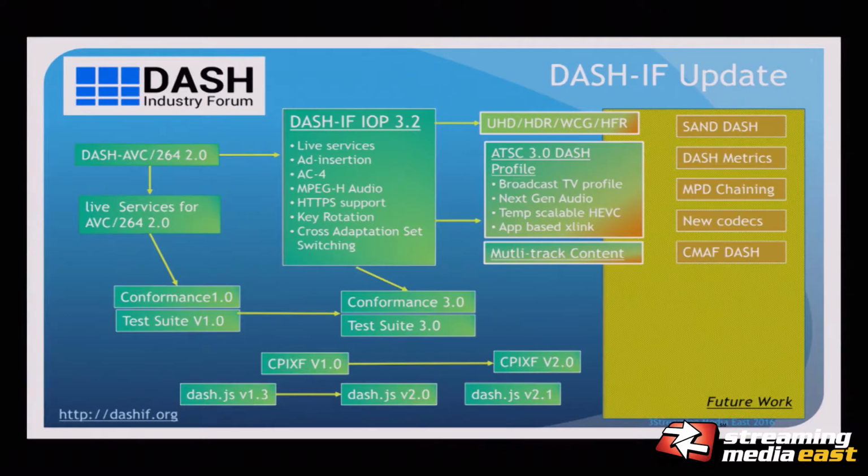There is multi-track work, there is UHD and HDR work being done, and there are several other items in terms of metrics, SAND, and MPD chaining being worked on. Again, the point is that Dash IF is providing more tools for doing interoperability, for early and easy deployment, and for cross-checking between different implementations.